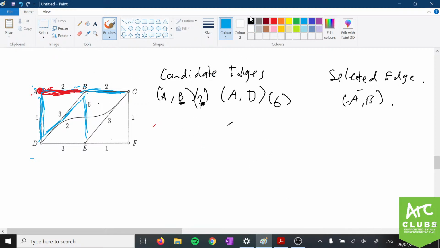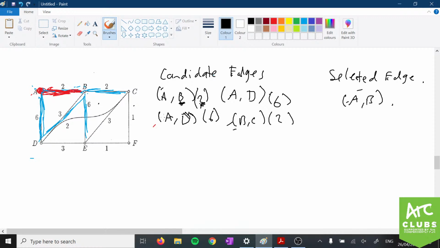Right now, AD would remain 6, because if we travel along the spanning tree we have right now, as well as AD, we end up with a distance of 6 to D from A. What about for BC? We don't put 2 here, because we're not just putting in the weight of that edge.